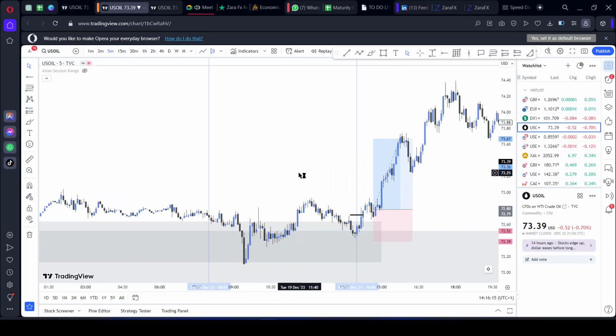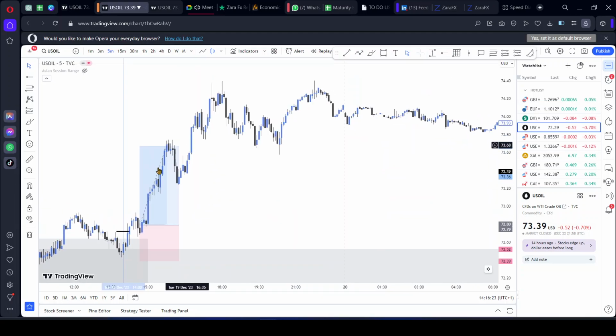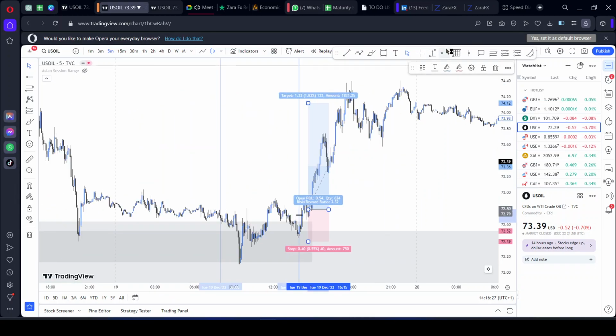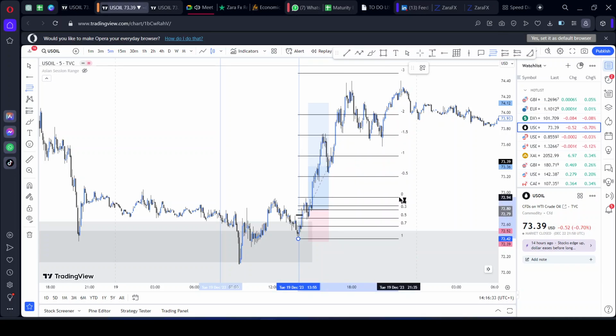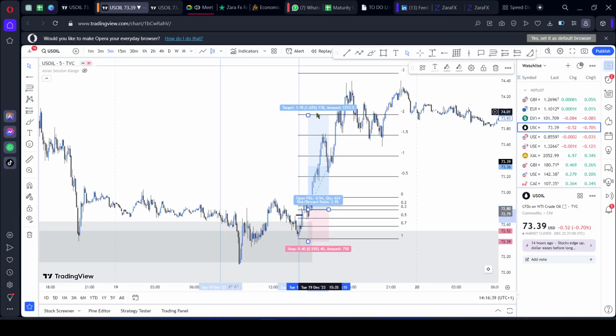At 1 ratio 2, I would have taken 50% of my trade off. Then I can write the rest. At 1 ratio 3, usually the standard we use now is to pick your 2 standard deviation, so at 2 standard deviation, I want to take another one off. So I'll just make it 1 ratio 3.